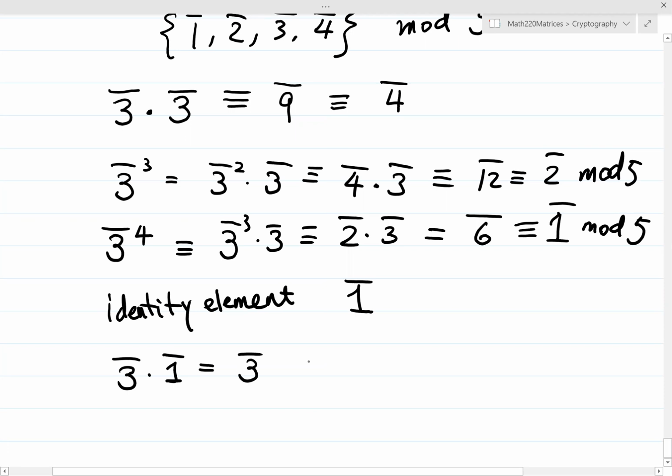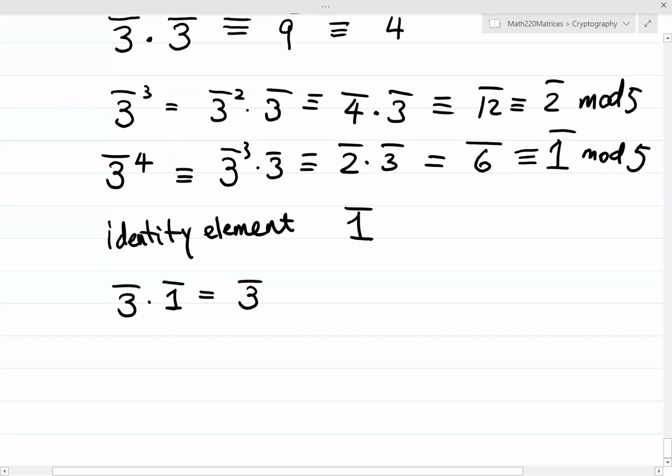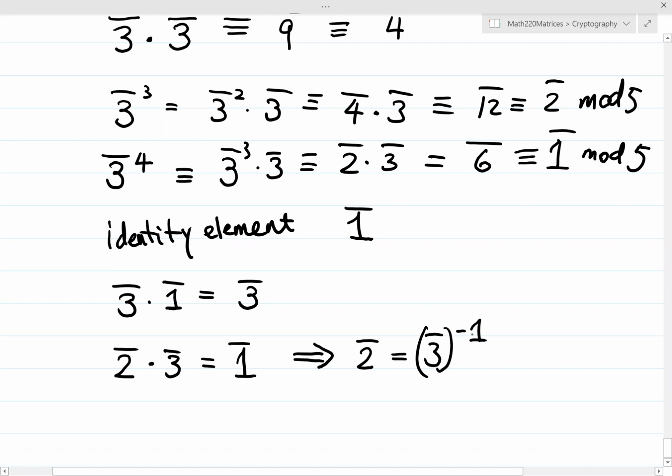This is the identity element. You have 2 bar times 3 bar equal to the identity element 1. So this tells us that 2 bar is the inverse of 3 bar.